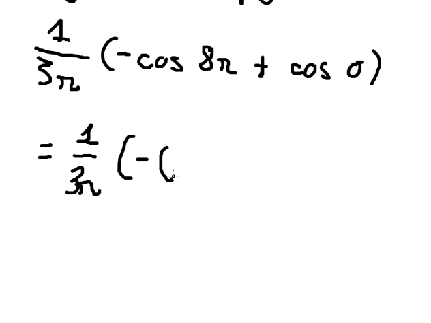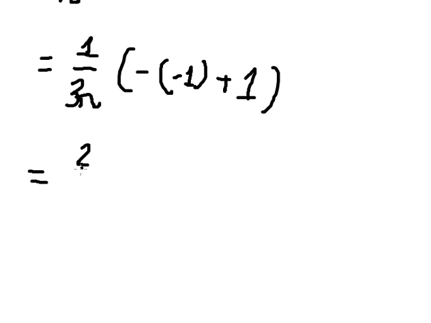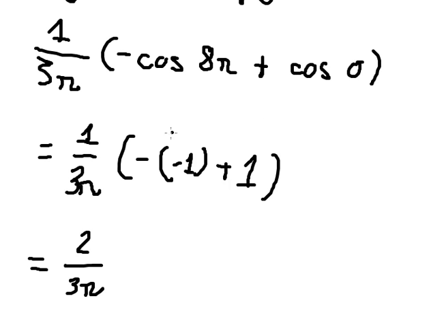This one we have negative number 1. Cosine 0 we have positive number 1. So this one we have number 2. Sorry, I made a mistake. This is about positive number 1. So this is about 0 in here. This is the end. Thank you for watching.